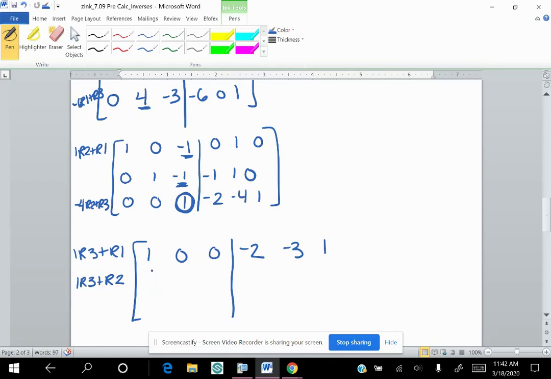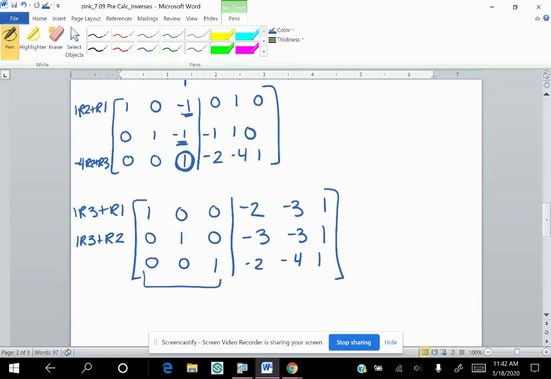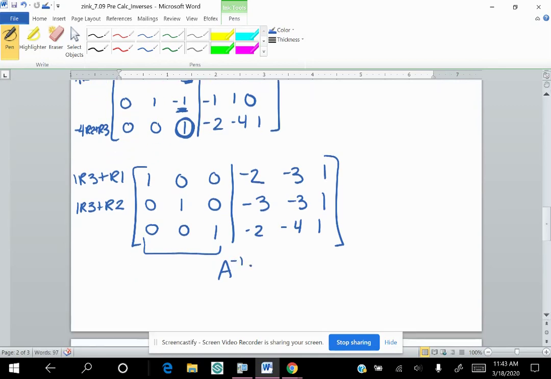So here now I have 0, 1, 0, -3, -3, 1. And then fill in my last row. That's the one that will stay the same. And if you notice on the left side, we have our identity matrix, which means the inverse of A is equal to the right side, -2, -3, 1, -3, -3, 1, -4, 1 would be our final answer.